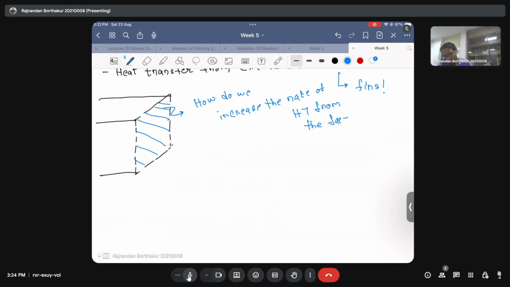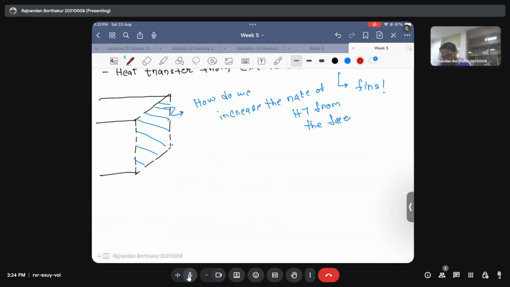Of course you can also dissipate heat from the other surfaces, but that is not the point of interest for this topic. We are only interested in this face, and let's say there is some mechanism which means we can only dissipate heat through this face. In that context, how do we increase the rate of heat transfer from this face? One way of doing so is by protruding a surface attached to this face.